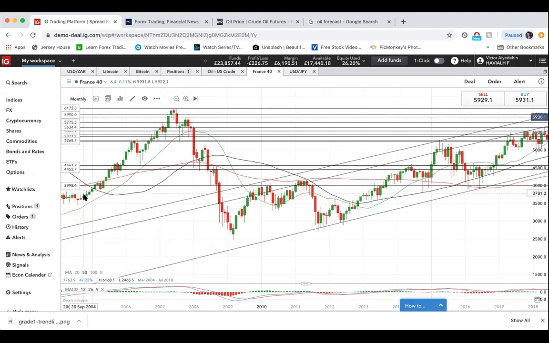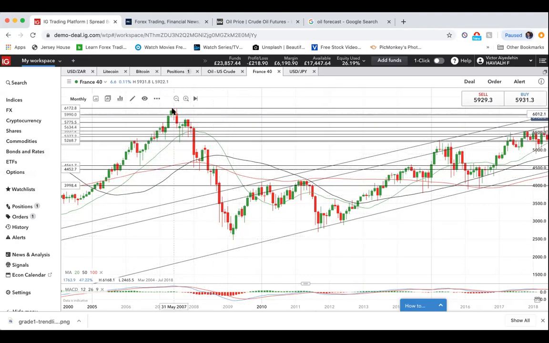The economy was just climbing up at almost a steady pace, plateaued around May 2007, and then this is the 2008 crash. There was an economic crash in 2008, so France 40 declined very strongly.